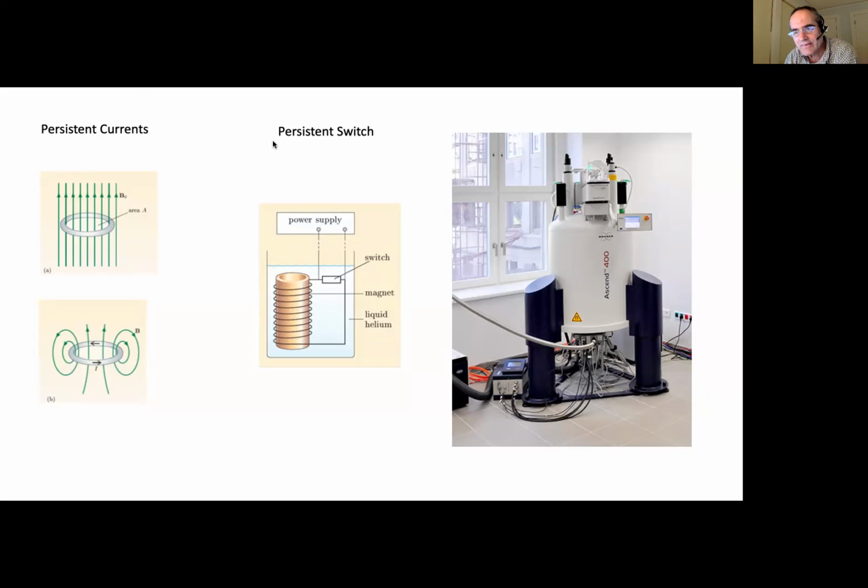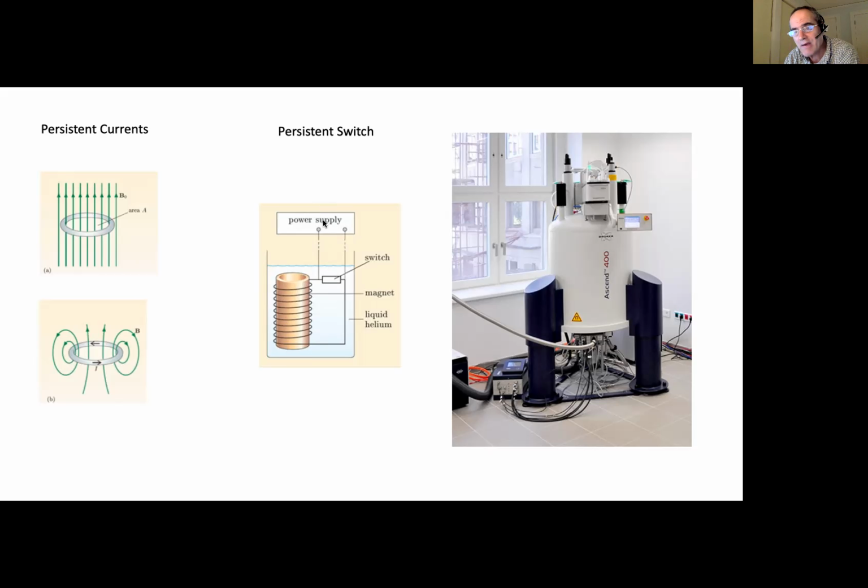In a persistent switch, we do the following. The magnet has a superconducting coil. When we want to energize the magnet, we open a switch and connect it so that the magnet is connected to a power supply, and current has to run through the power supply to go through the windings.